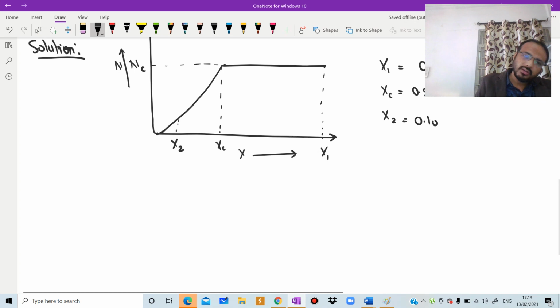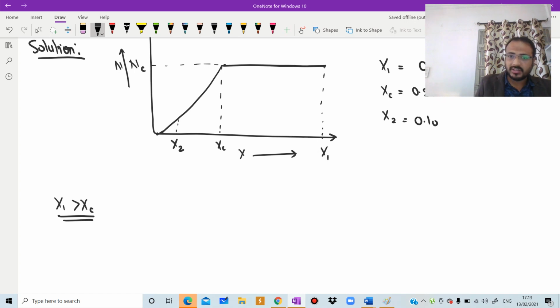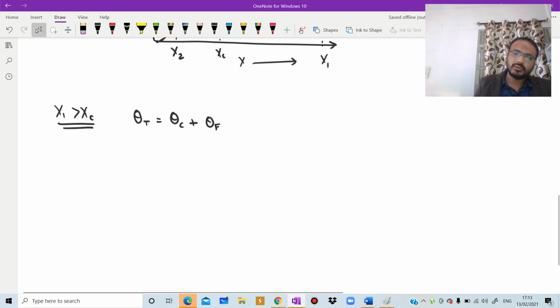If x1 is greater than xc, then the total time is the sum of the constant drying period plus the falling rate period. From this point to this point is the constant rate period, and from this to this one is the falling rate period, which is linear. So we have a direct formula.